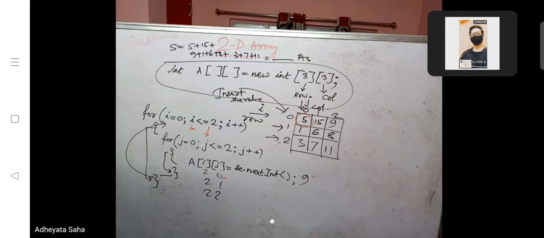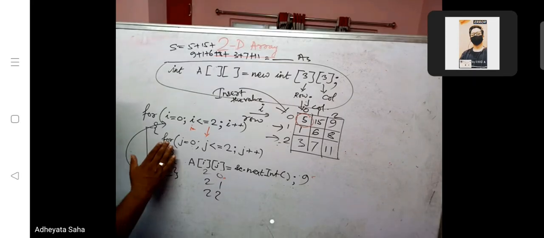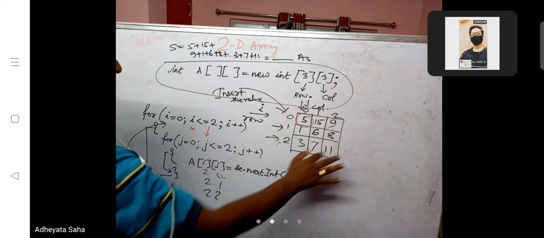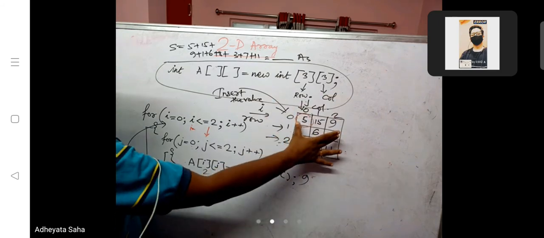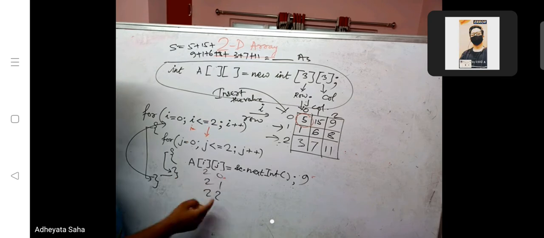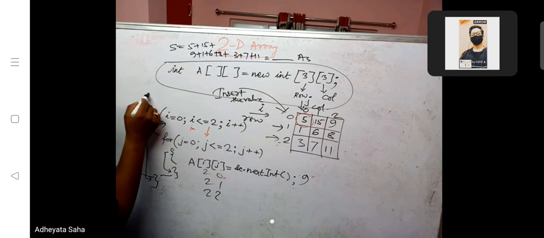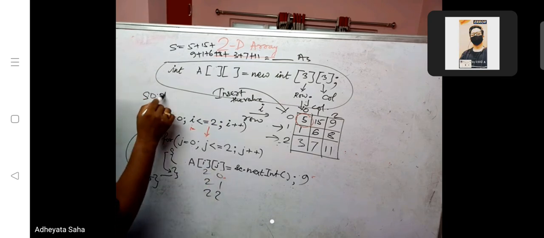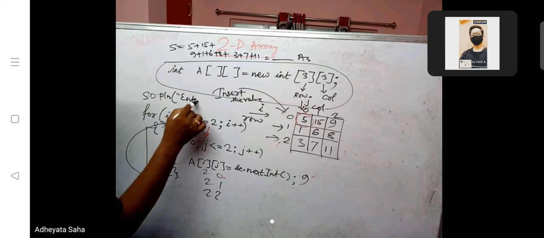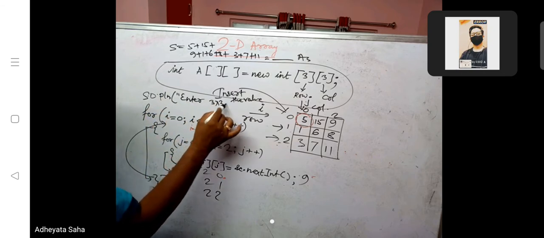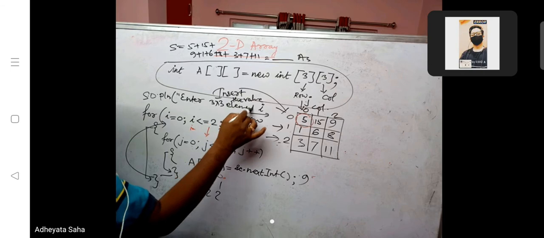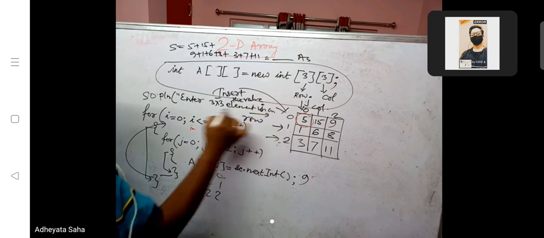So what I was saying is that suppose you have entered these elements. You know how to enter the elements in a two-dimensional array. This is the loop. Just write here System.out.println, enter 3 cross 3 elements in an array.